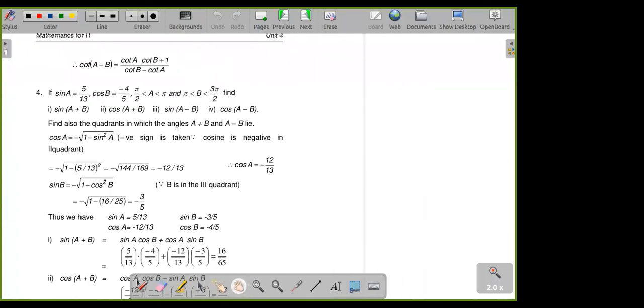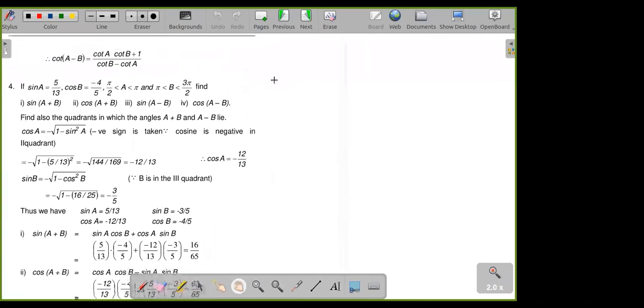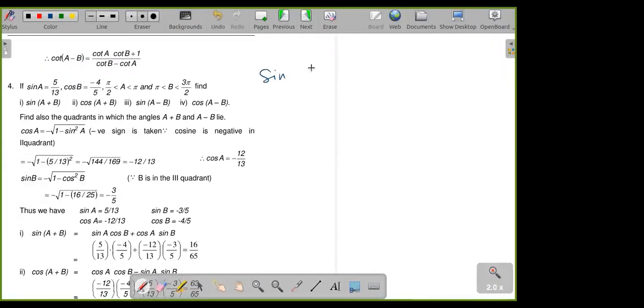So this one: sine A equals 5 by 13, cos B equals minus 4 by 5, and A is between pi by 2 and pi, and B is between pi and 3 pi by 2. Let's write it down.